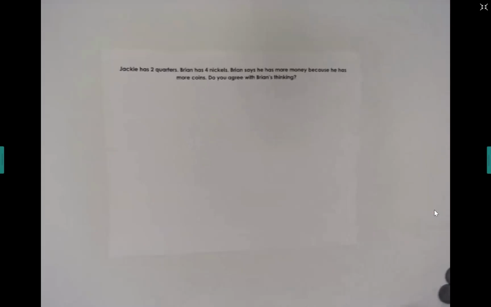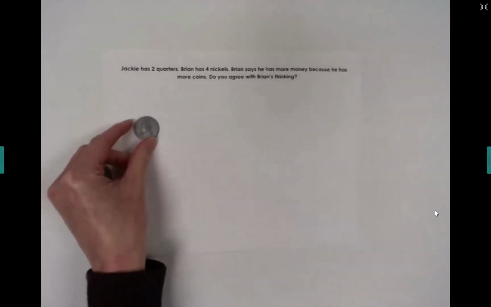Right? So we really want to emphasize that just because Brian has more coins doesn't necessarily mean that the value of those coins is greater. So we need to do some work to find the value of these sets of coins before we can compare them. Right? So I'm going to get out Jackie's coins here.